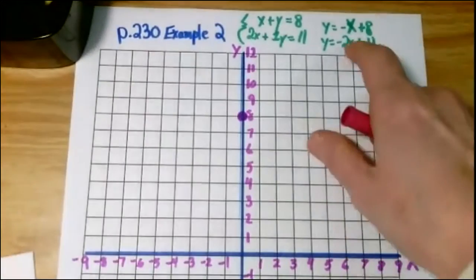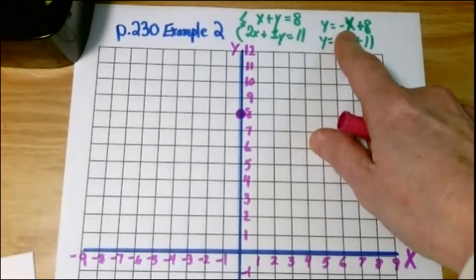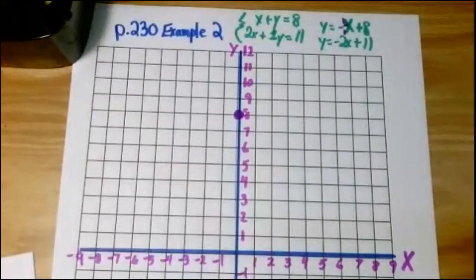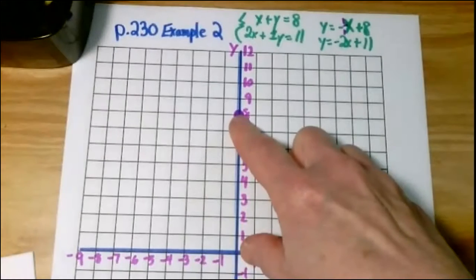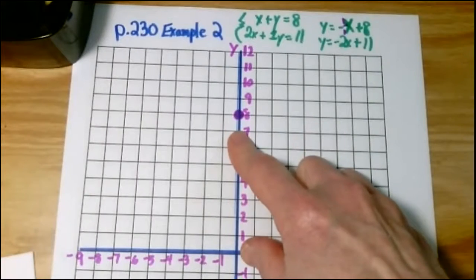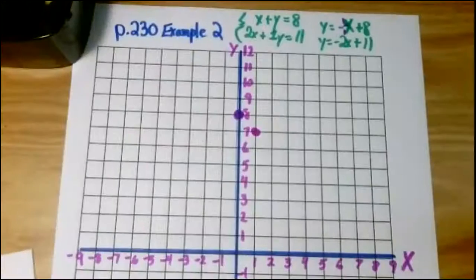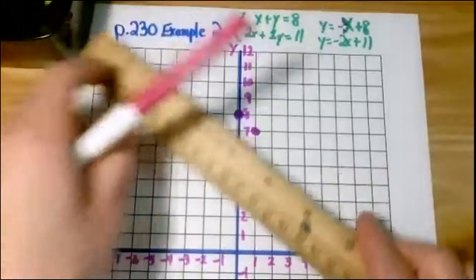And then I have a slope, which is the number in front of x. In our case, it's a negative 1 over 1. Kind of keep that in mind. So negative 1 means I'm going to go down 1 from my y-intercept, and I'm going to go to the right 1. So this is my second point, and I can draw my line.